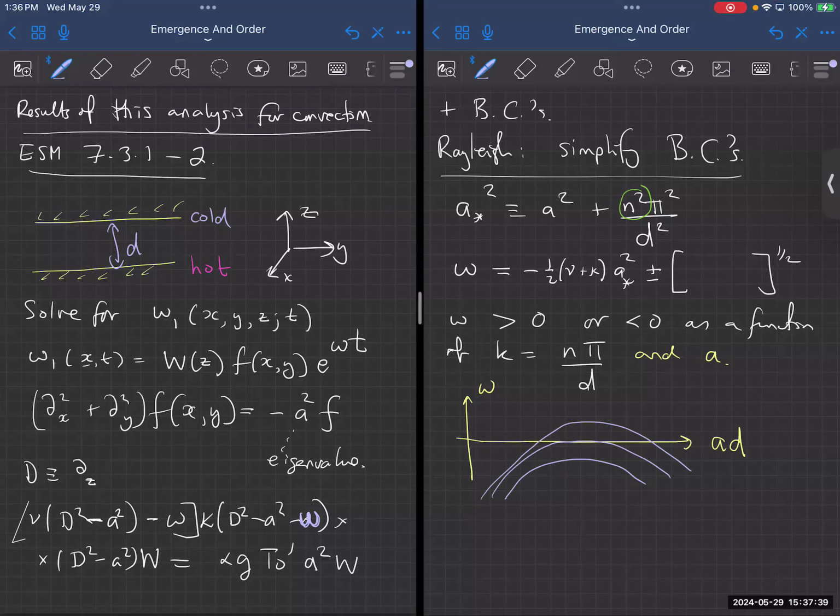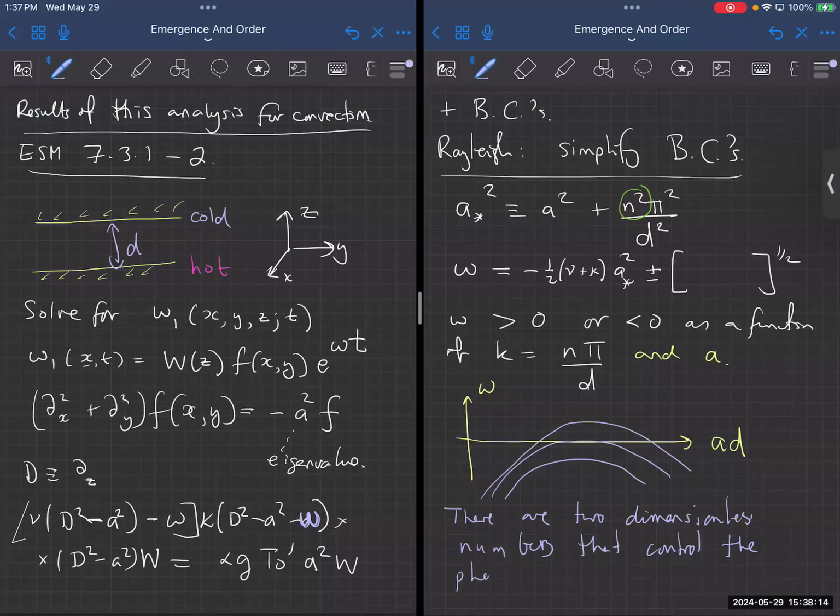What I want to jump ahead to is to tell you about the Rayleigh number and Prandtl number. So there are two dimensionless numbers that control the phase diagram.